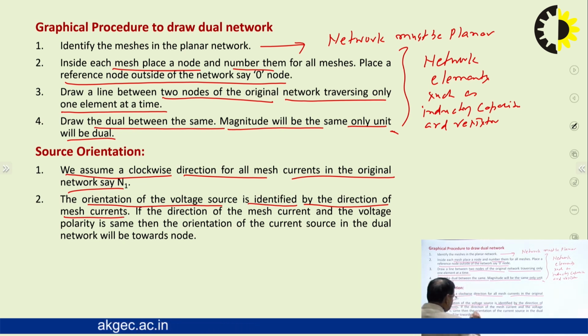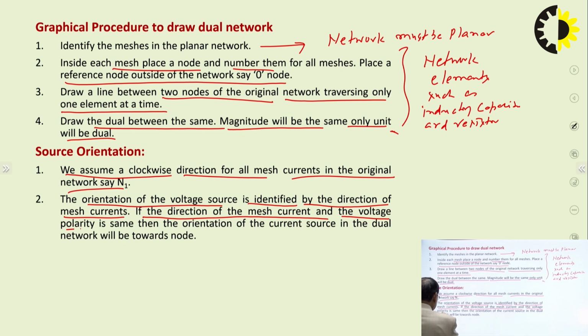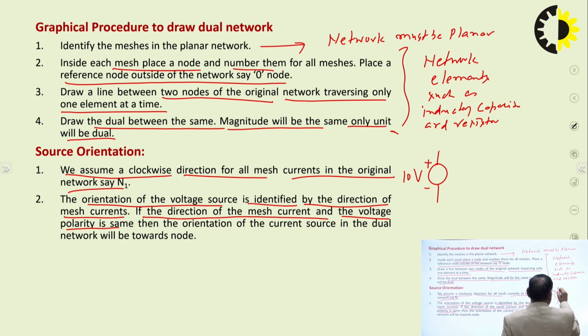So, if the direction of the mesh current and the voltage polarity are the same, suppose we have this voltage source, this is plus V of 10 volt, and this is part of a network, and this is, say, the I1 of this.